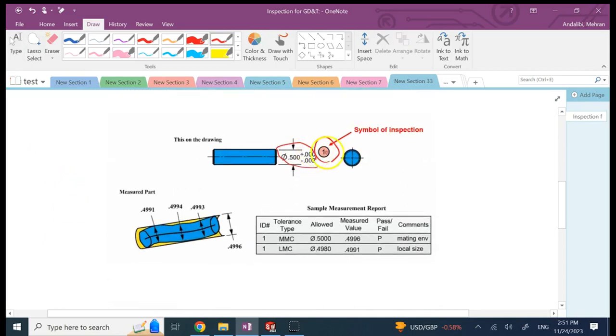So here, if I want to show you this simple example, I want to inspect this diameter, which is 500 thou plus 0 and minus 2 thou. I want to know whether this part is made to the dimension or not. I want to provide a report, basically. So I measure the diameter of this part with a caliper or any other device, a CMM machine or something, in several locations.